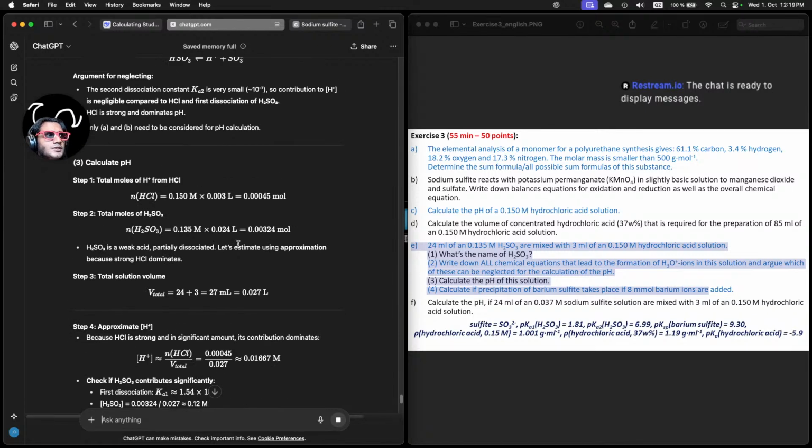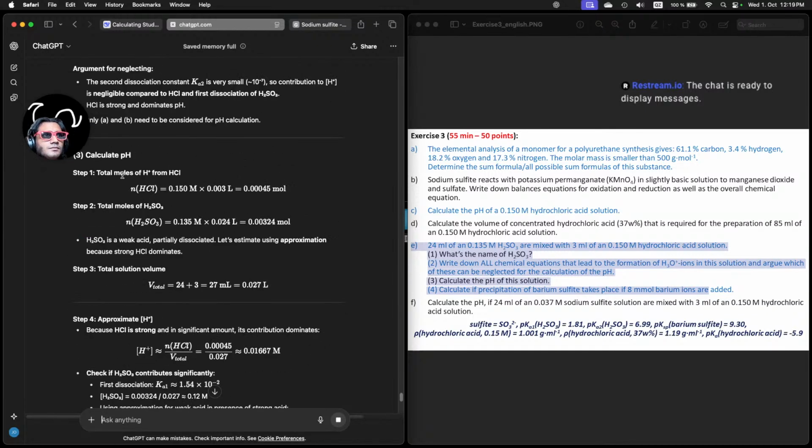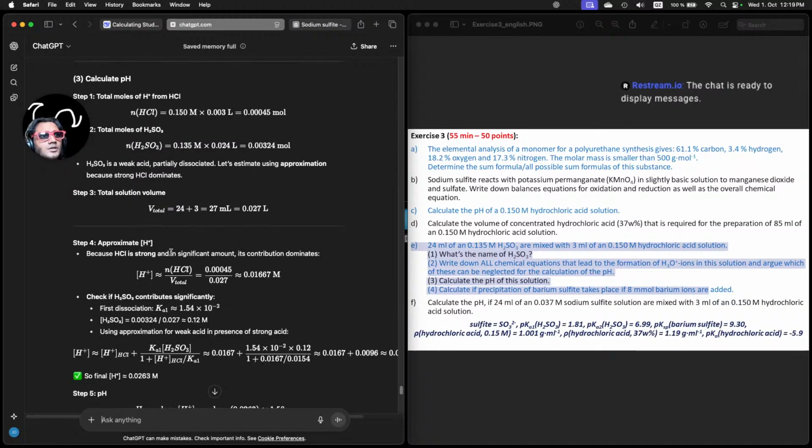1 part 3. Approximate H plus, because HCl is a strong acid and significant amount, its contribution dominates. Concentration of HCl, H plus.